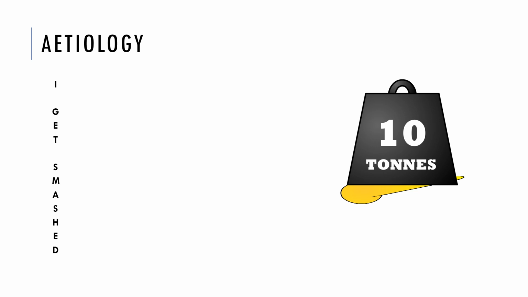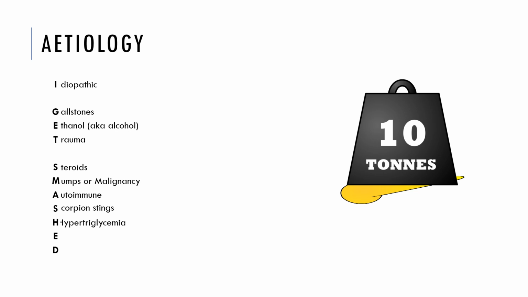Some of them are idiopathic, gallstones and alcohol, trauma, steroids, malignancy and viral infections like mumps or Coxsackie viruses, autoimmune causes, scorpion stings, hypercalcemia and hypertriglyceridemia, ERCP and other procedures, and drugs like corticosteroids, thiazide diuretics, and estrogens.